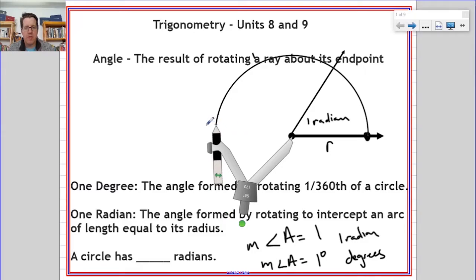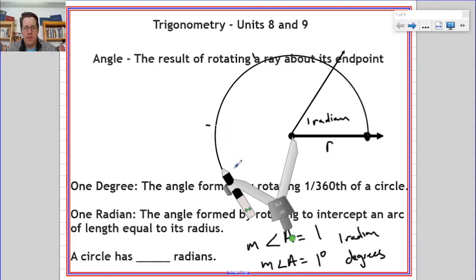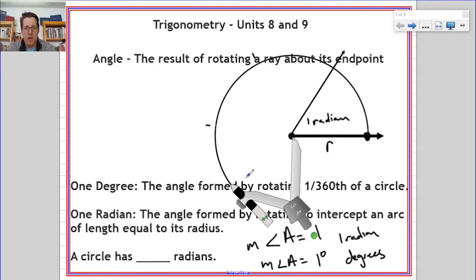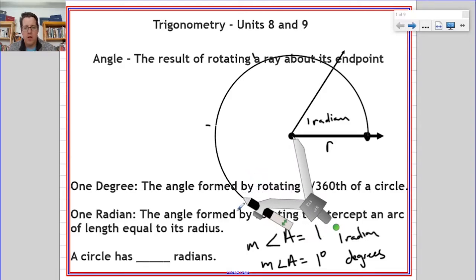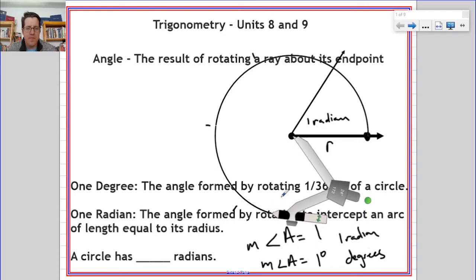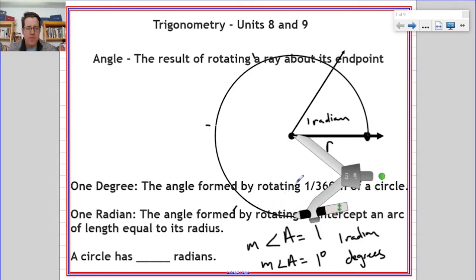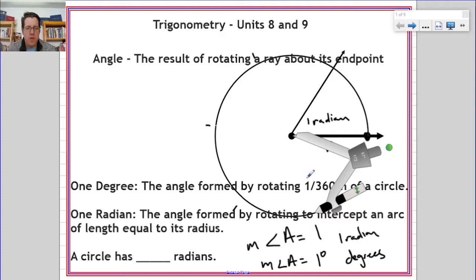And maybe that's about the length of the arc. And then we could go again. Maybe that's about the length of the arc. And then we could go again. You know, somewhere in that neighborhood.